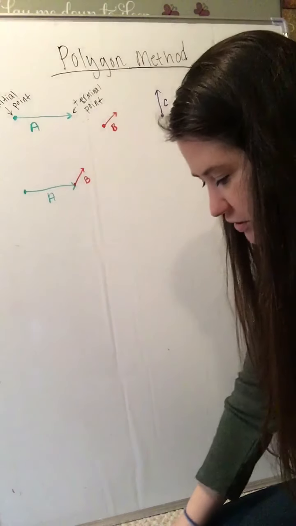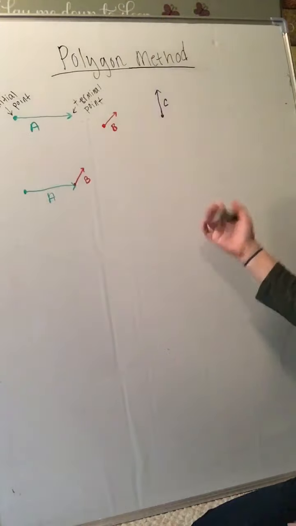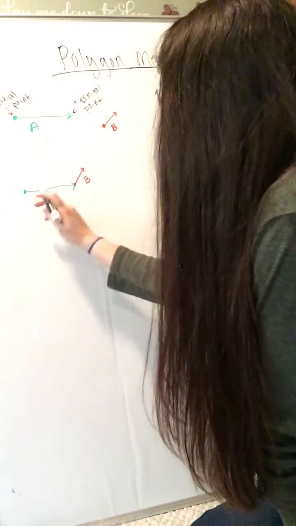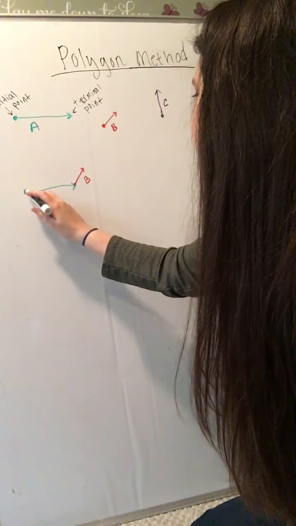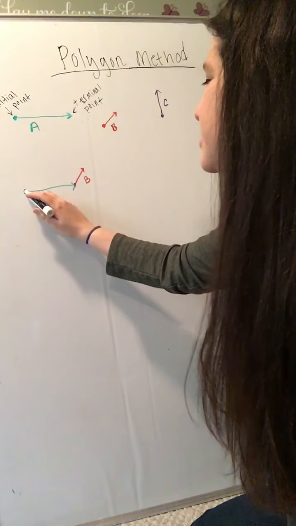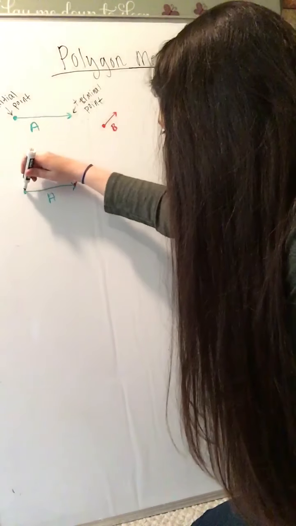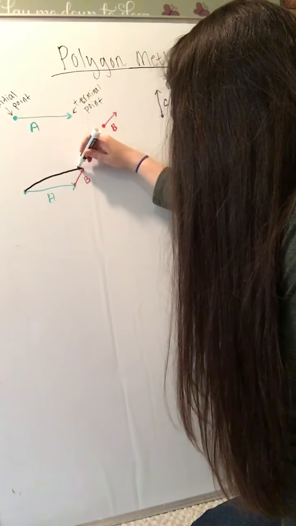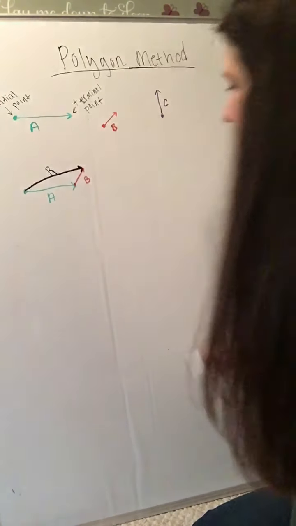If we add the vectors together, what color should we make this? Let's go with black. The resultant vector, as it's called, will start at the initial point of A and end at the terminal point of B. So you just connect like this, and this is R, your resultant vector.